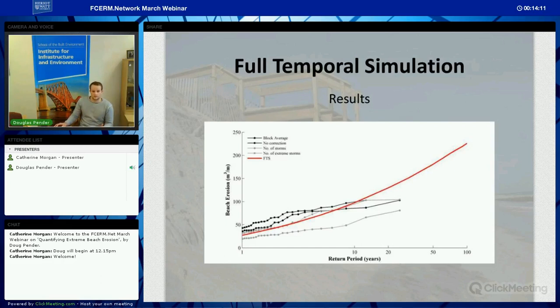Because it has no physical processes, during large storm events it doesn't allow for a new equilibrium condition to occur and the rate of erosion to slow down. It just gives you a value for the volume that's been eroded. So at the higher end return periods, these might be slightly unrealistic, but there's a pretty good fit at the lower end return period.